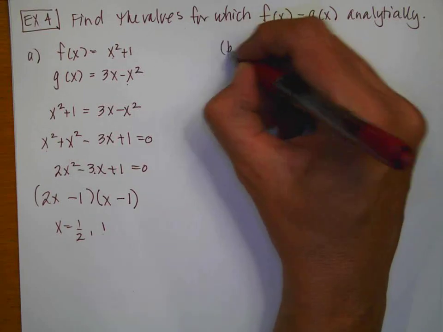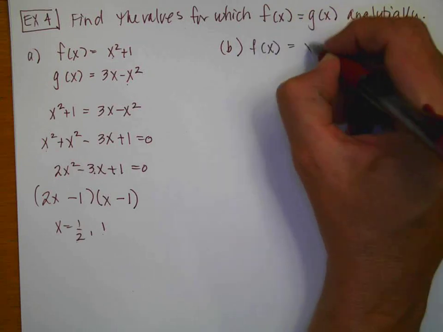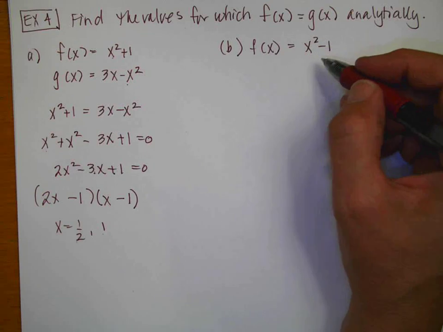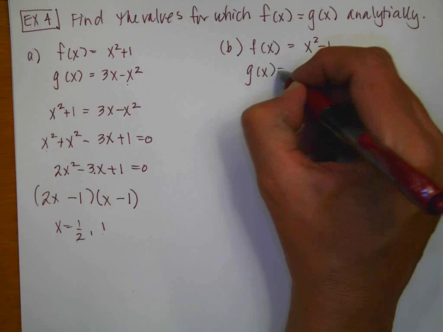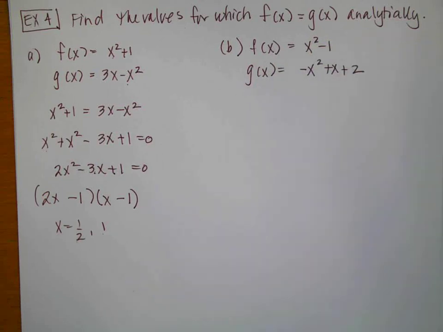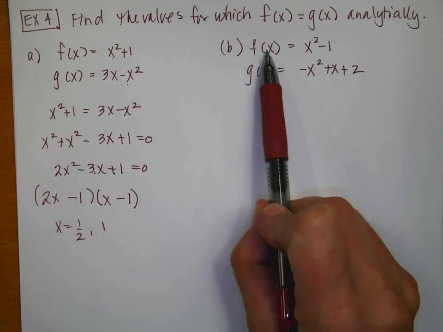The second part of this, B, we're going to have f of x is equal to x squared minus 1. And for g of x, we're going to have negative x squared plus x plus 2. All right? So it's the same thing.